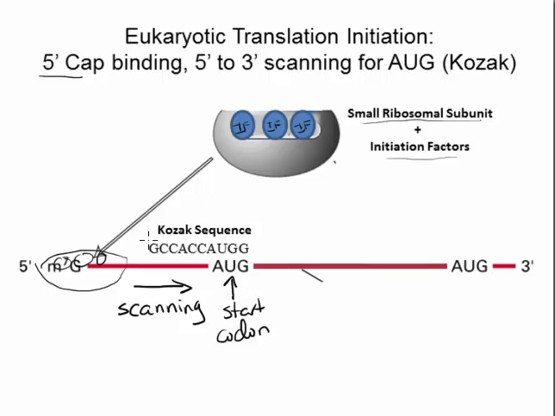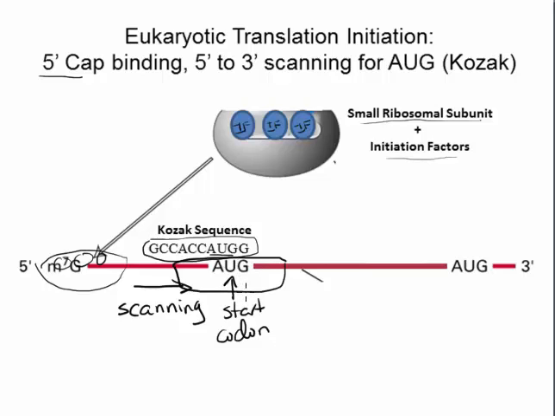Well, it knows because the AUG is actually embedded within a larger sequence of nucleotides that is referred to as the Kozak sequence, after Christine Kozak, who's the person who described this sequence, right? So we can see here's our AUG start codon, but it's actually embedded within a larger sequence that signals to the ribosome, okay, this is where you need to stop scanning and start translating, okay?